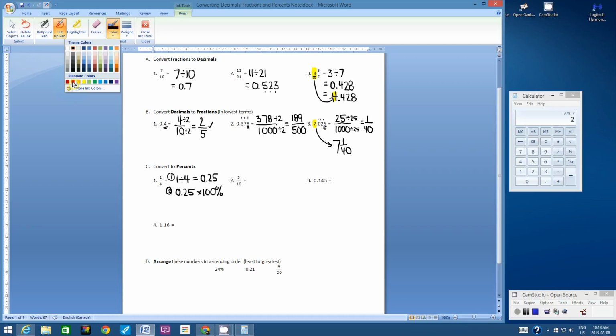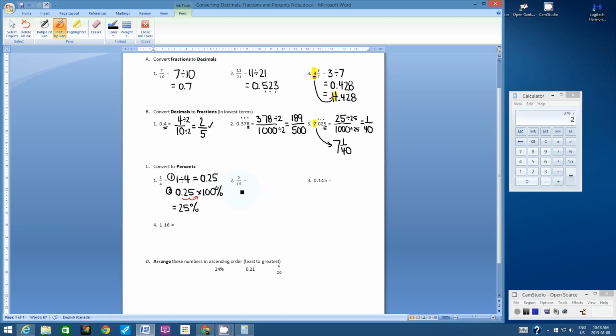Whenever we multiply by 100, all we have to do is move the decimal place 2 places to the right. And if we do that, we get a nice percent of 25. Don't put the decimal here because it's a whole number, 25%. Okay, so there are 2 steps involved in these types of questions.